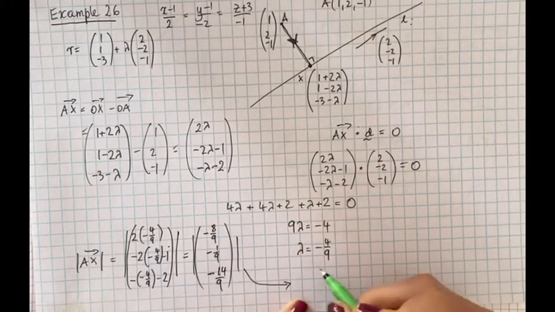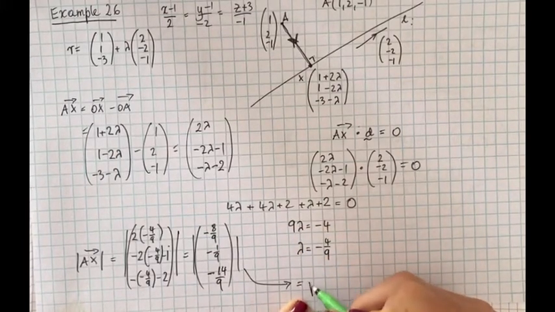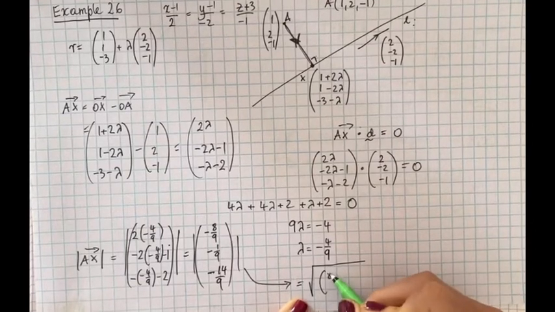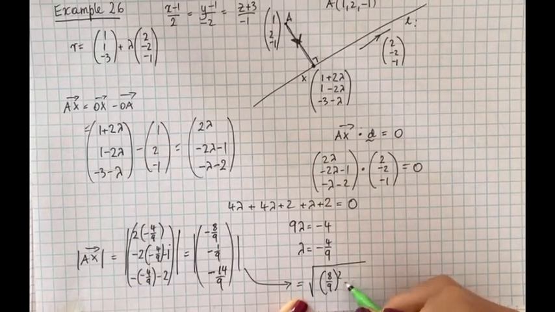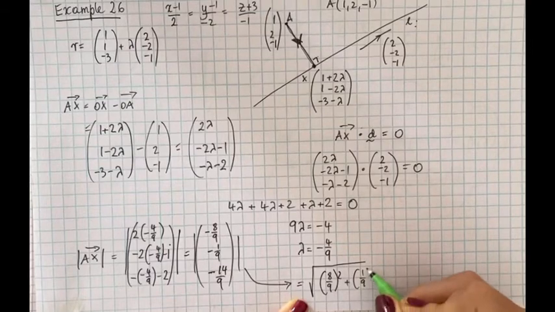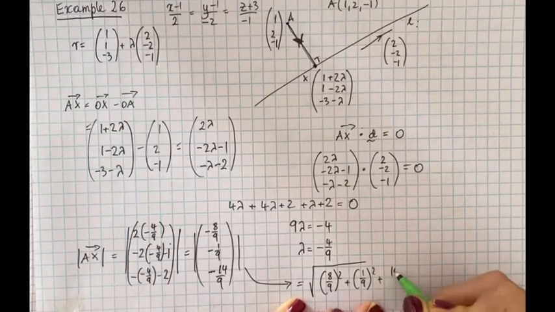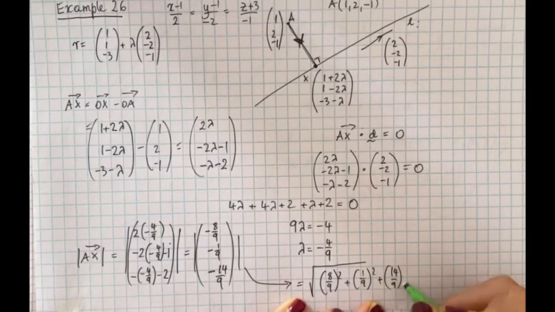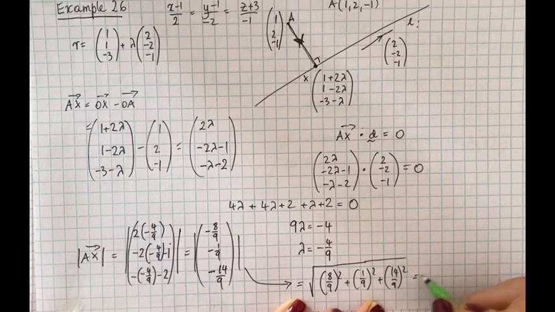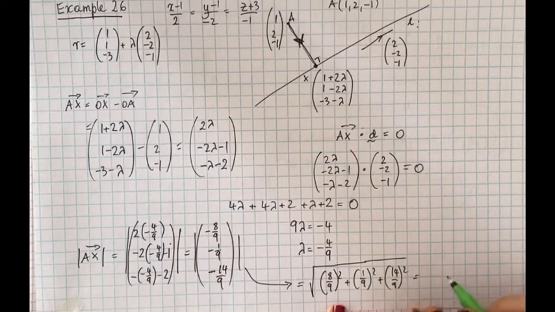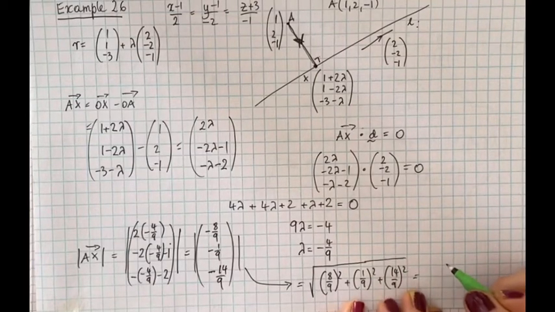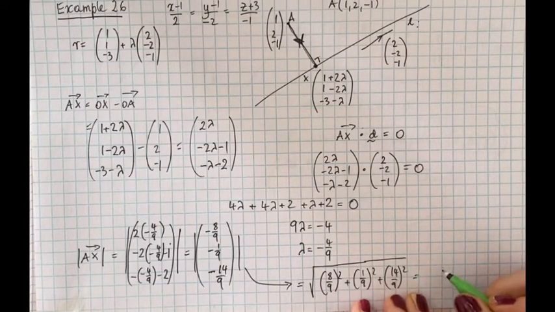Okay, so let's do the Pythagoras. 8/9 squared plus 1/9 squared plus 14/9 squared. That will come up to 64, 65, 196.